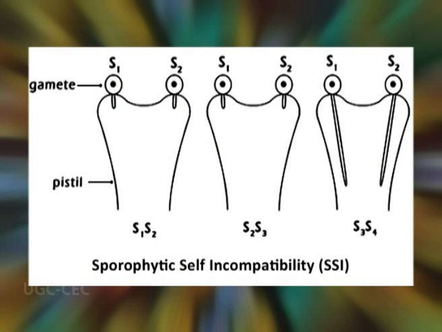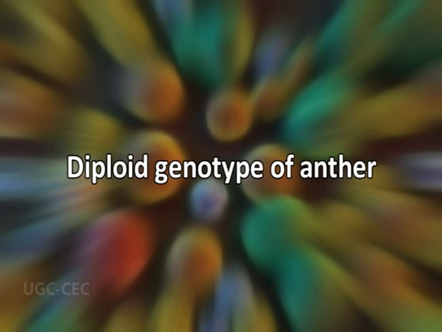In SSI systems, all the pollens of a plant behave similarly irrespective of the S allele they carry. The self-incompatibility phenotype of the pollen is determined by the diploid genotype of the anther in which it was created.